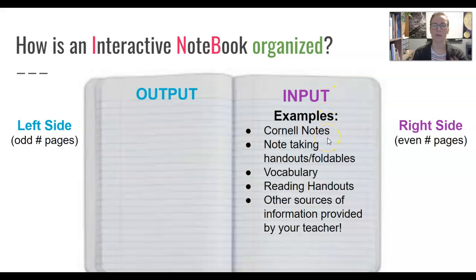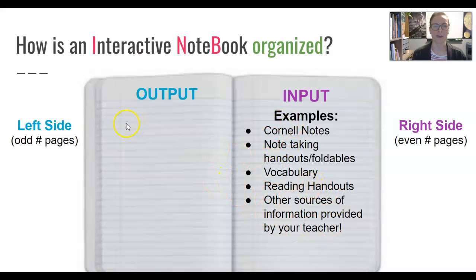We are inputting the information to you so that you can learn it and output, do things with it. Examples of input would be note-taking, and we're going to talk specifically about Cornell note-taking today, handouts and foldables, vocabulary terms, reading handouts, and other information that your teachers give you.